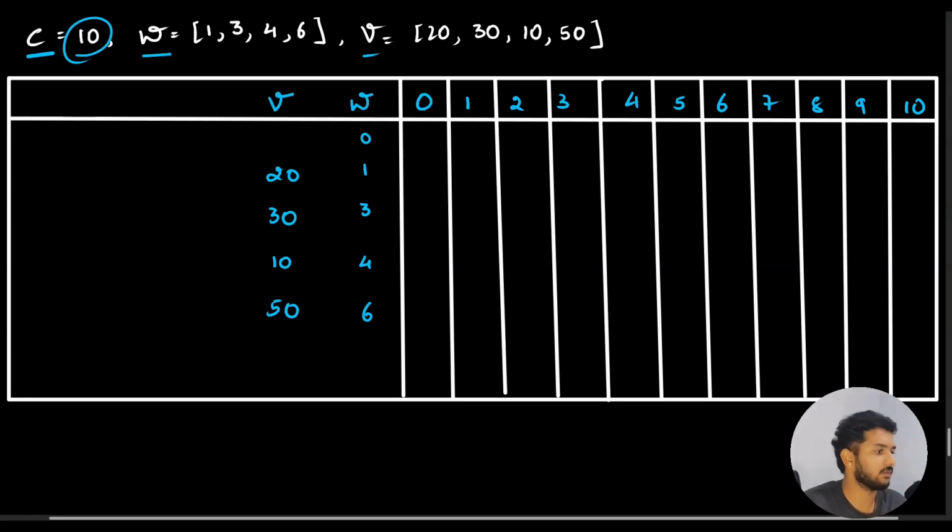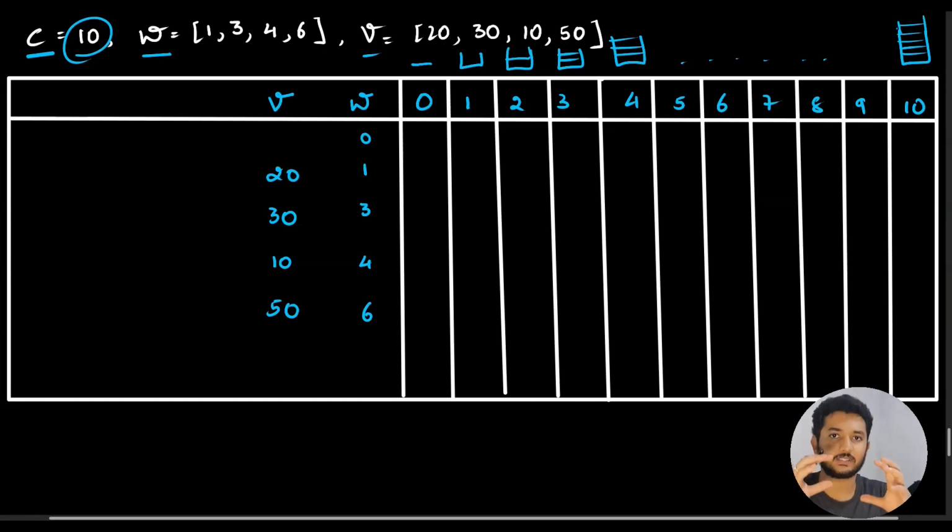Just think of 0 as empty, and 1 as a drum or a bowl that has only one space, and 2 as a stack having two spaces, and 3 as a stack having three spaces, and so on. Just think of 10 as a stack having 10 spaces.